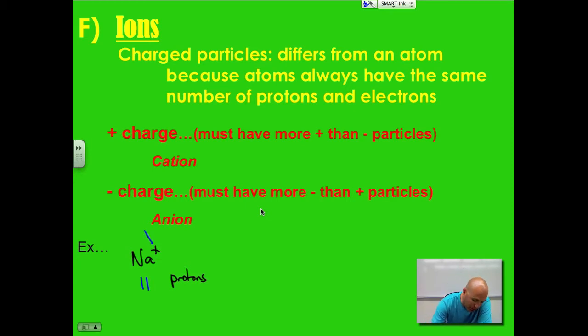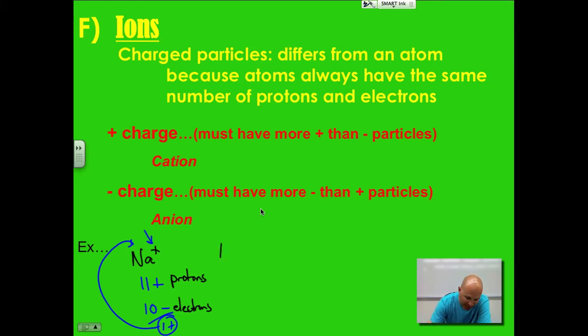If it has a positive charge, then that means in order to figure out how many electrons, or to notice that it is a cation, there are 10 electrons. Why? Because 11 pluses, 10 minuses gives you a 1 plus net charge. We write that in the upper right corner.